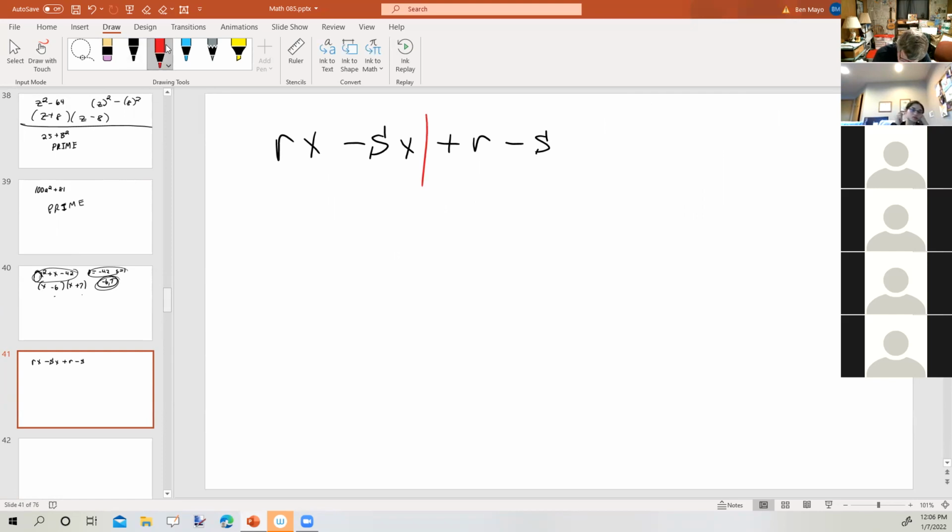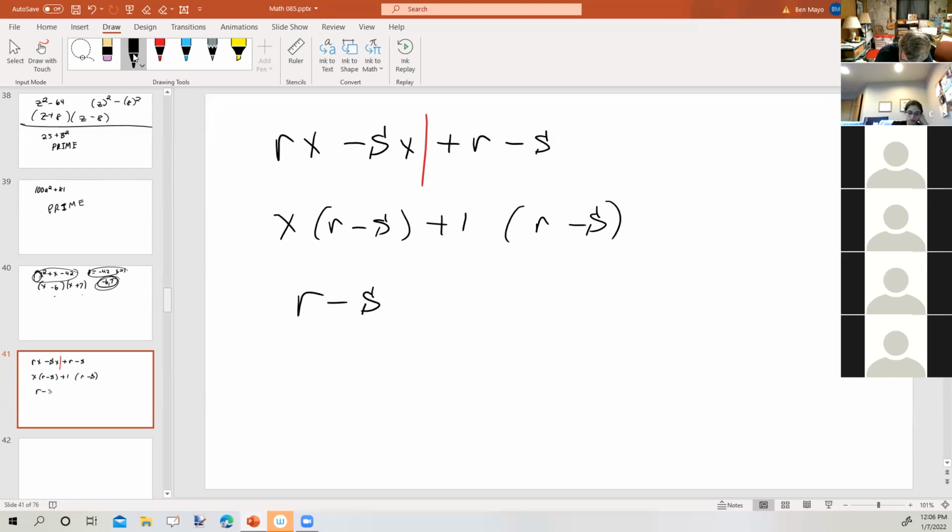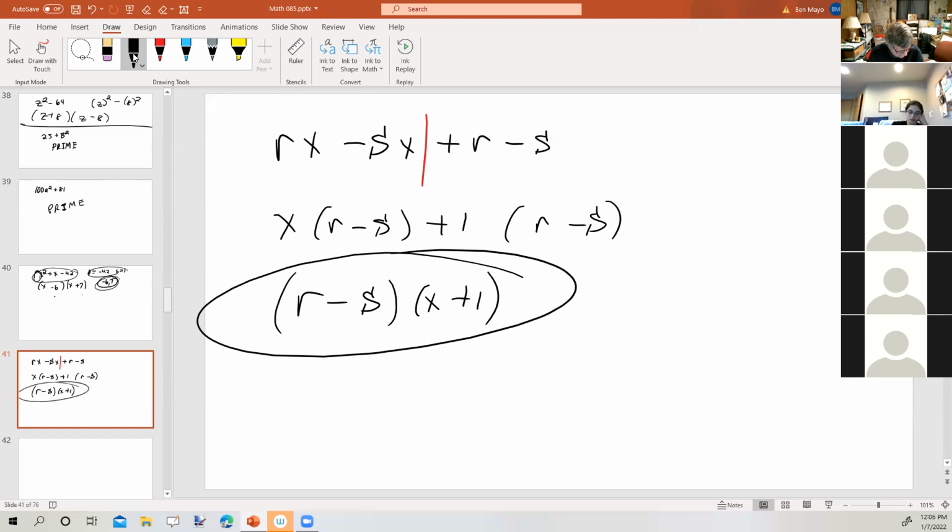No. So let's group it. Greatest common factor of the first 2 terms is X. Leftovers are R minus S. So the leftovers are R minus S. We need a +1 out front. So we've got R minus S times X plus 1. So that was grouping.